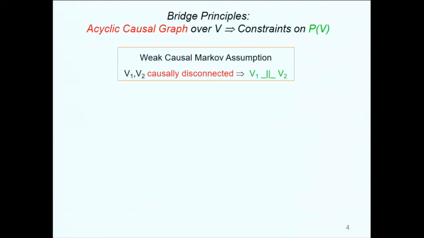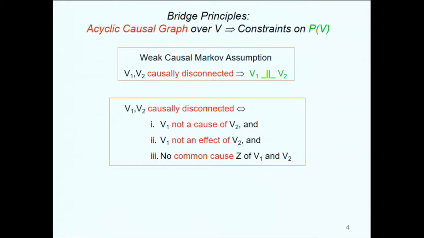So there's no conditioning involved yet. What does it mean to be causally disconnected? It means that v1 is not a cause of v2 directly or indirectly, v2 is not a cause of v1 directly or indirectly, and there isn't a common cause of both.